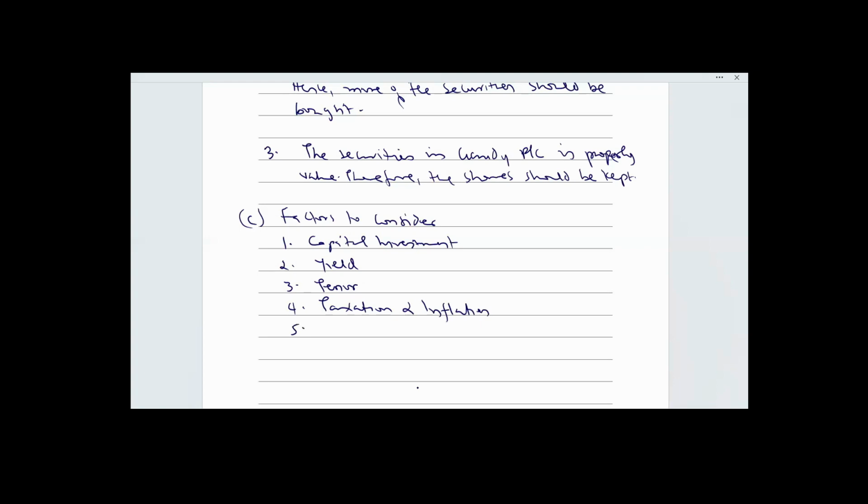Then number five, you also need to consider the impact of foreign exchange. You need to consider the impact of foreign exchange fluctuation, because if your own currency is volatile relative to the USD, then the value of your investments may be depressed.